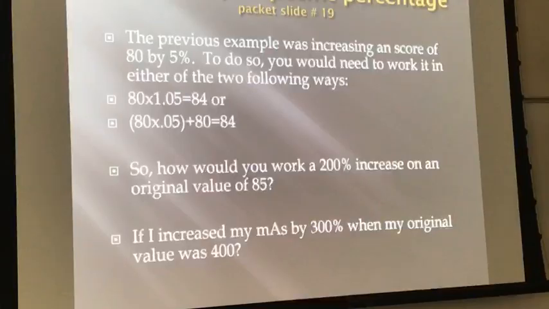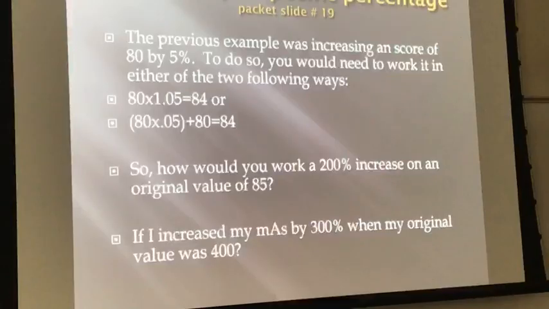Okay? So this is probably the most common mistake on the math quiz. When you increase by like 200%, you're gonna have a tendency to say, well, that's 2 times. And it is 2 times. Your increase is 2 times, but your total is 3 times. So you're increasing by 200%.